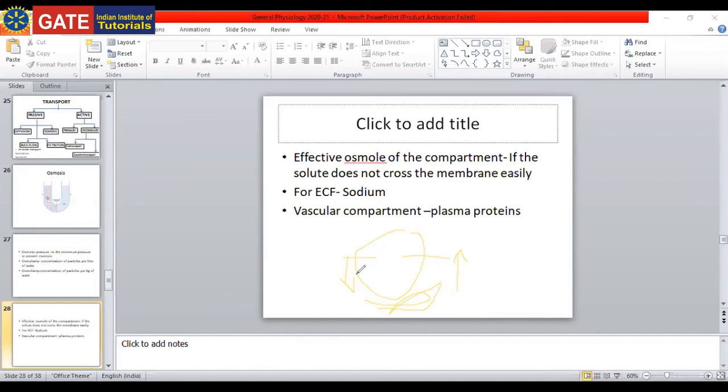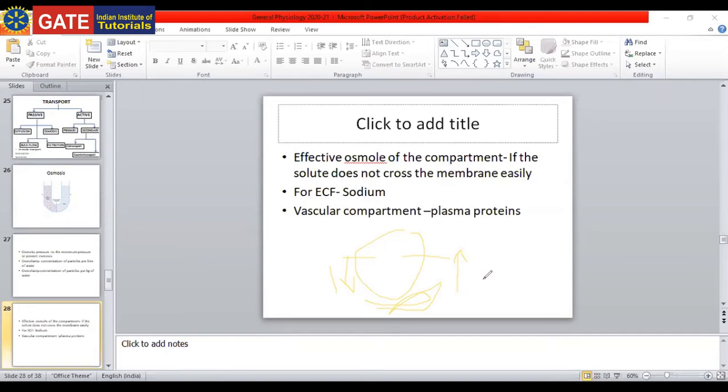Now, the cause for the edema is the difference between the filtration and the absorption. If the filtration is more and the absorption is less, automatically fluid will remain here. The reason for more filtration and less absorption is particularly the plasma proteins.